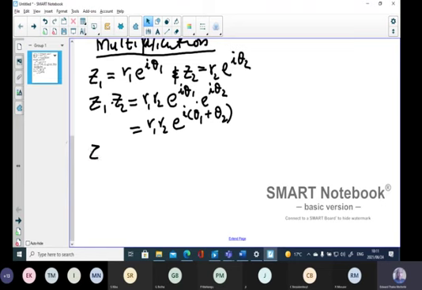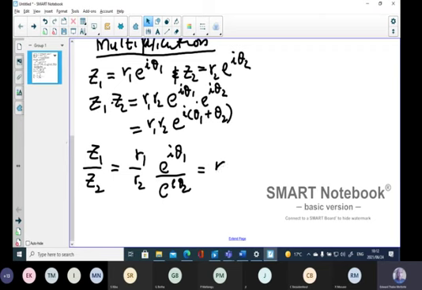Similarly, Z1 divided by Z2. This is equivalent to R1 divided by R2, and we have e to the power I theta 1 all over e to the power I theta 2, which is equivalent to R1 over R2.